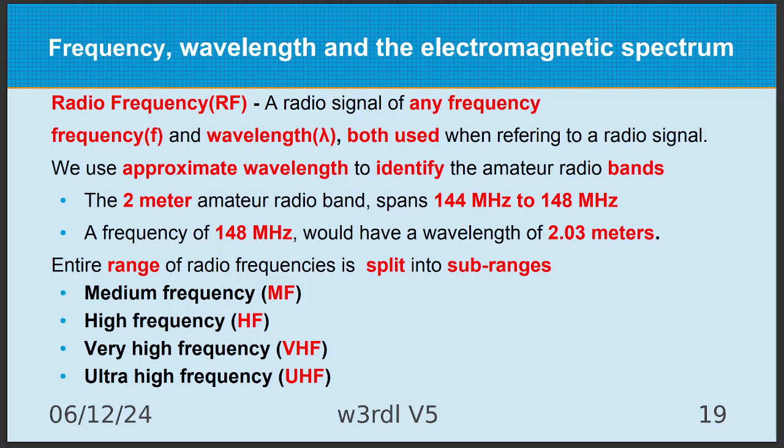Then you have the very high frequency range, VHF, which is what your 1.25 meter and 2 meter is, and 6 meters is in that range too. Ultra high frequency would be from 300 to 3,000. So those are the bands.